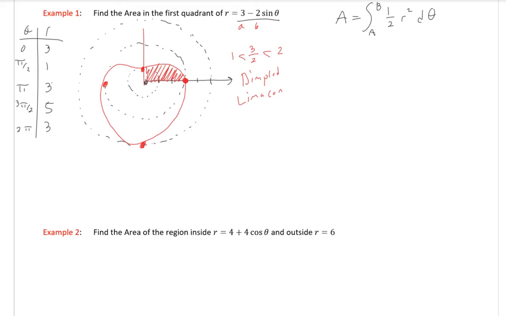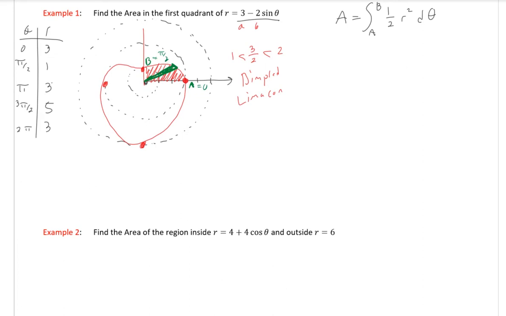What we're doing when we find area with polar is we make a cross-section that looks like this, an area of a sector, and that is going from angle measure A to angle measure B. So here then we notice that the area in the first quadrant, this point was defined at theta equals 0, and this point was defined at theta equals pi halves.